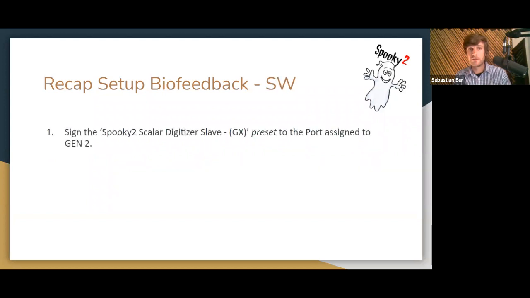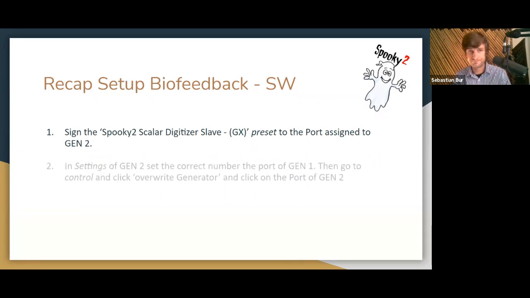For the setup, you have to assign the Spooky2 Scalar slave to the generator 2. And then inside of the settings of generator 2, you have to set the correct number of the generator 1. Go to control, click override generator, and click on generator 2, or the port of the generator 2.